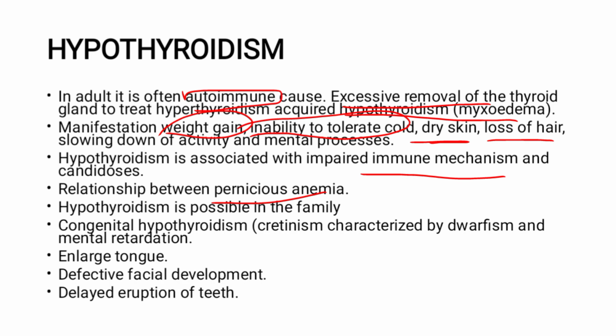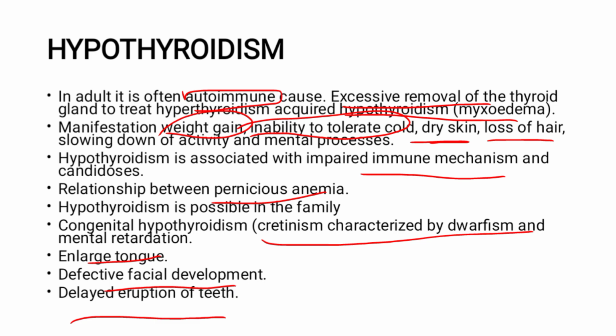Congenital hypothyroidism means cretinism, which is characterized by dwarfism or mental retardation in childhood, when the patient is passing through cretinism congenitally. Remember it. Enlarged tongue, defective facial development, and delayed eruption of teeth, because in this patient everything will be delayed.